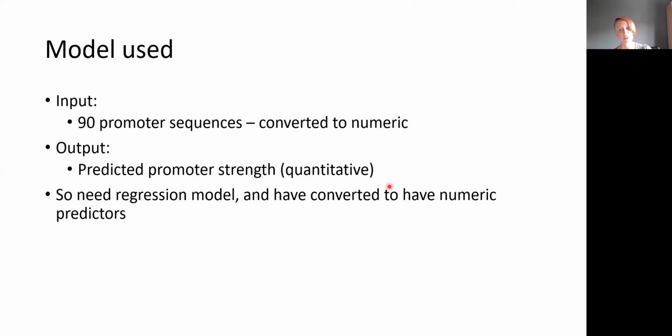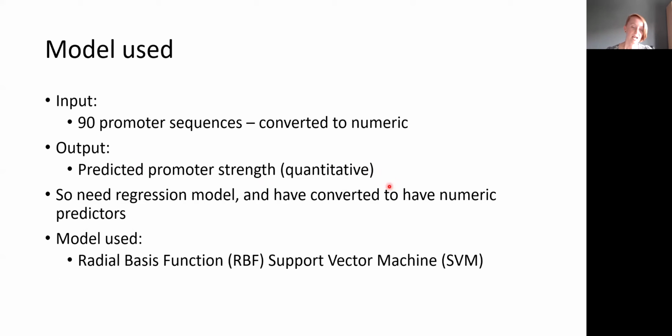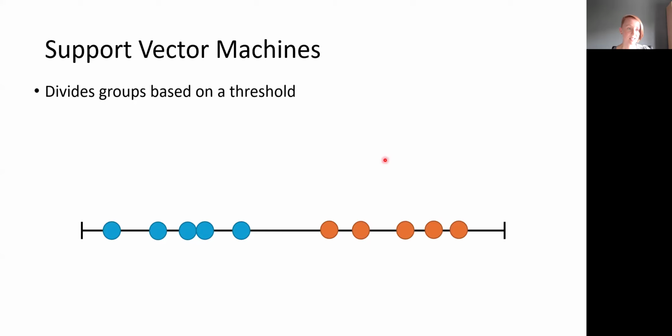And because we've converted to numeric predictors, we don't have that as an issue when we're trying to think about which model to use. So the model they used for this is something called the radial basis function, or RBF, support vector machine, SVM. So what is that? We'll start off with simple support vector machines to see about that.